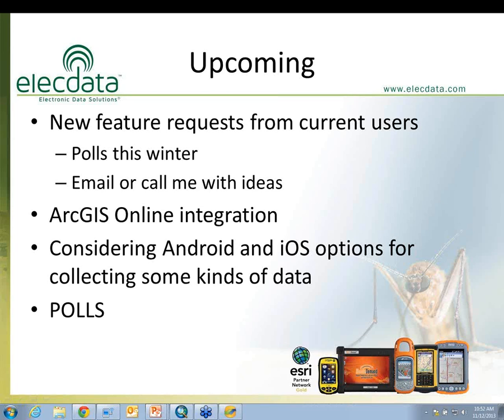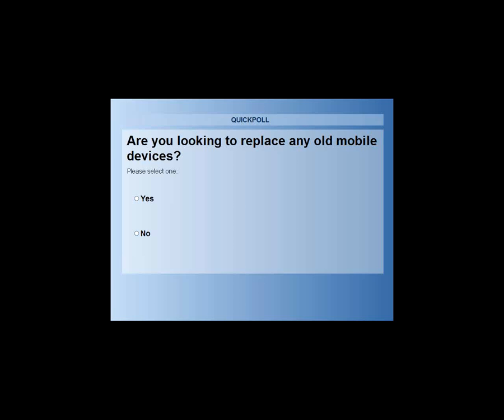Let me launch the first one here, a very simple poll, and that is, are you looking to replace any old mobile devices this off-season? I'm trying to get a feel for what people are looking at. So go ahead and weigh in on that.